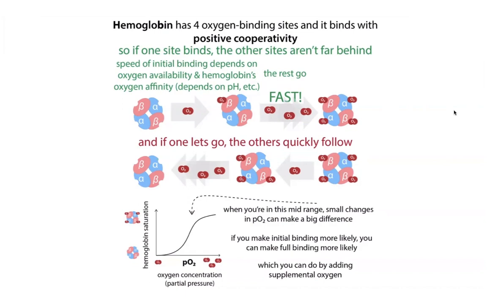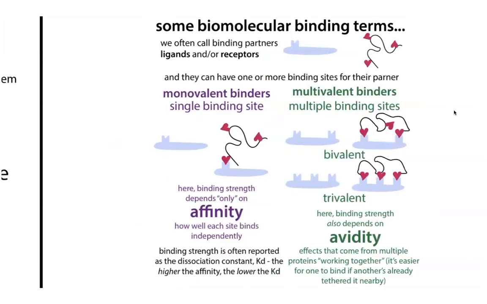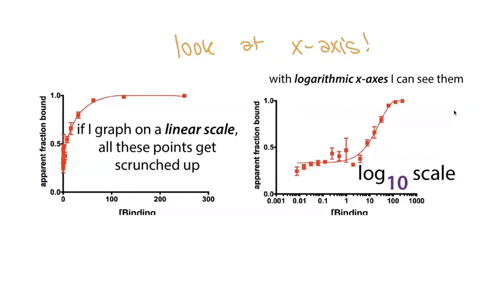But just know that a sigmoidal curve will only indicate cooperativity if you are in a linear scale. You're always going to see a sigmoidal curve if you're in a log scale, even if there's a single binding site. Again, we'll talk about this a lot when we talk about hemoglobin binding, but just be aware that you always need to look at your x-axis.